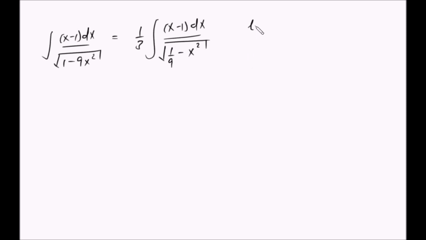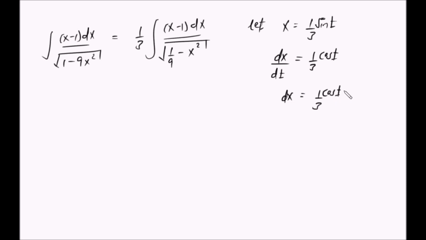So say we just use t-substitution, so we let x iwe sasa na 1 over 3 sin of t. So let's solve. So nikidifferentiate x with respect to t, I'm only going to get 1 over 3 cos of t. So angalia playlists inaitwa differentiation kwenye Mdee Academy. Learn how to differentiate all this. So dx is just going to be equal to 1 over 3 cos of t dt.